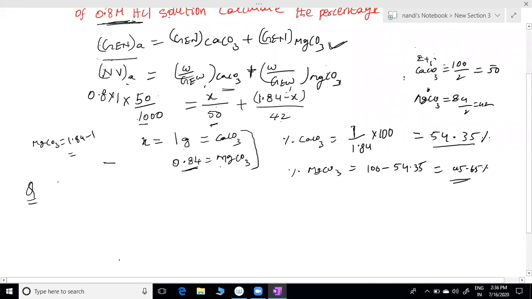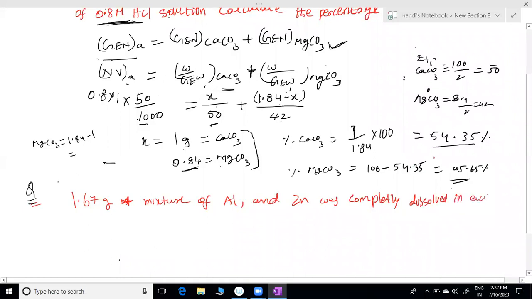Right, sir, this question. 1.67 grams of a mixture of aluminum and zinc was completely dissolved in acid and evolved 1.69 liters of H2 at STP.